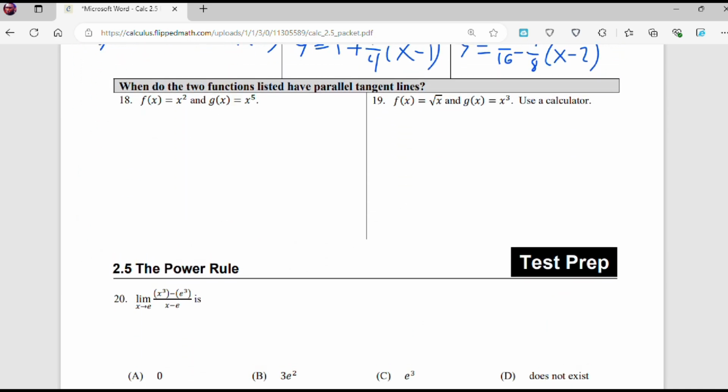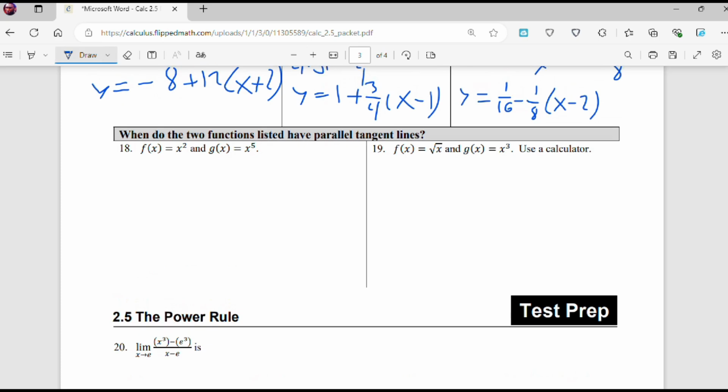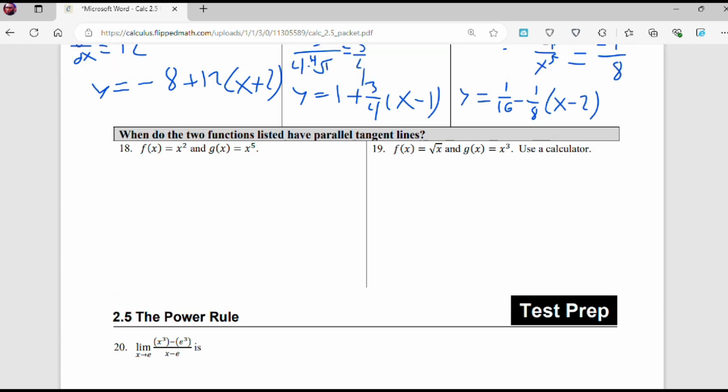Okay, questions 18, 19. Where do the two functions listed have parallel tangent lines? If you remember from algebra, parallel lines mean the same slope.